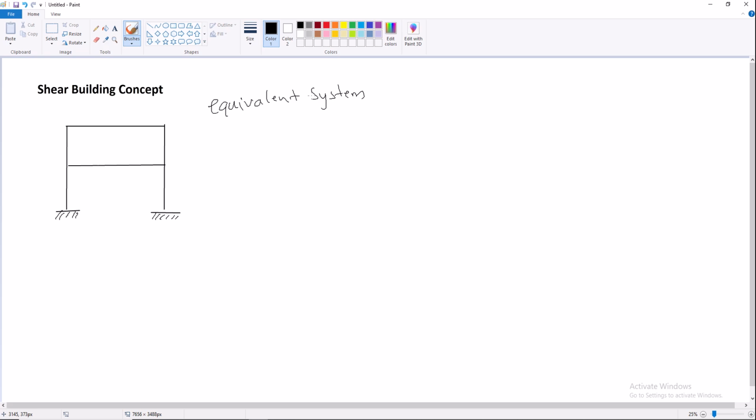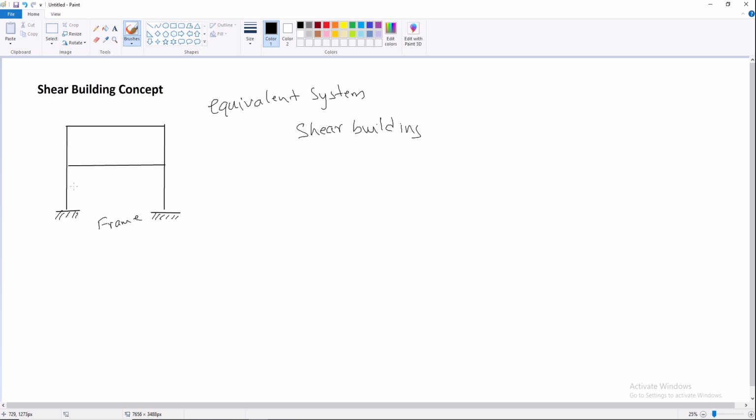This structure can be considered as a shear idealization or shear building. Shear building means one which obeys all the assumptions which were discussed just now. So I can take this frame for consideration.